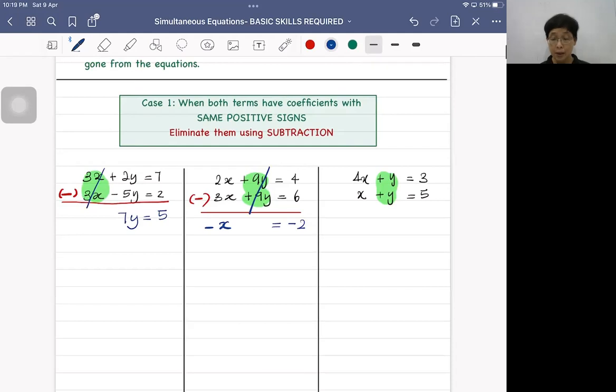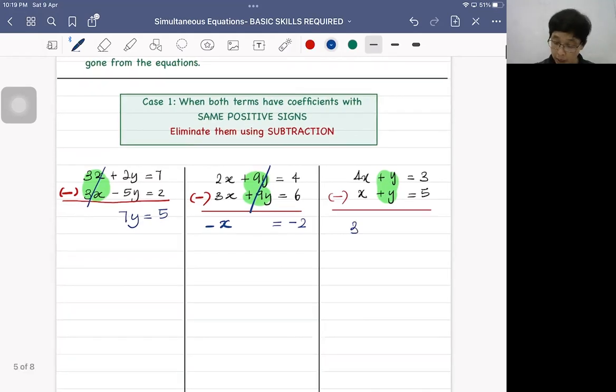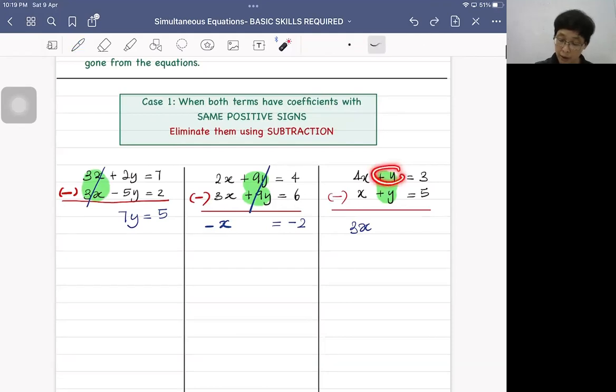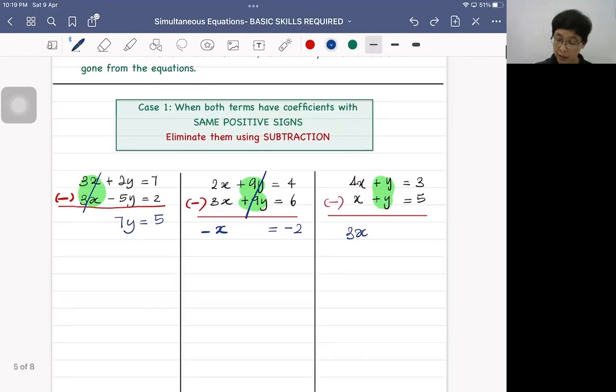So you can easily eliminate the other unknowns. Let's go on for this. If you got this, again, because of the same positive sign, let's eliminate it with a minus. Now 4x minus 1x, you got 3x here, but y minus y, again, this has been gone. And therefore, you got minus 2.